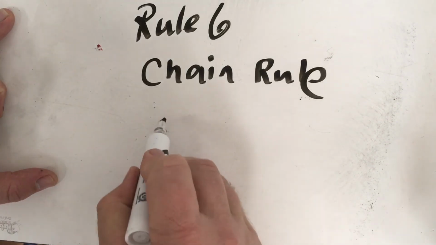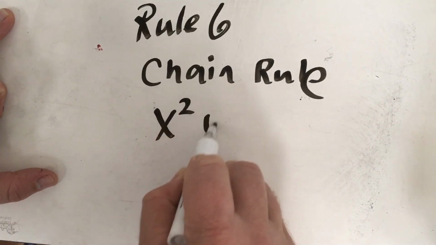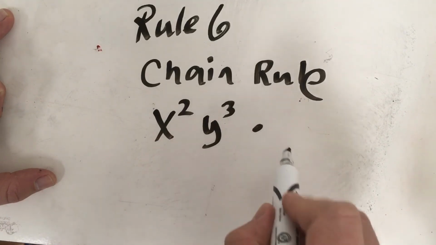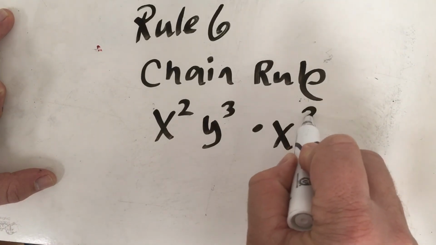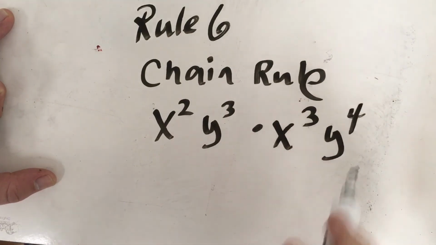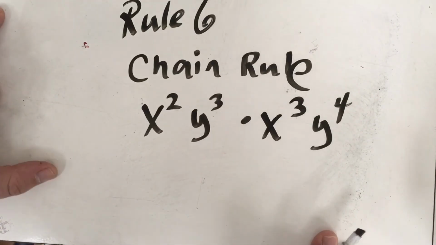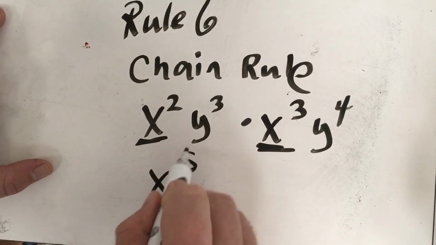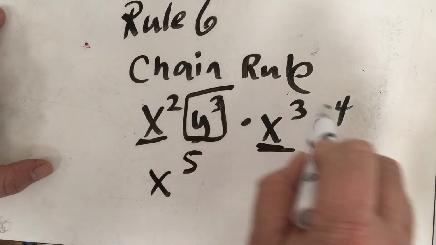If you've got some extra variables going on, as long as you use the previous rules we've taught on the things that are the same.